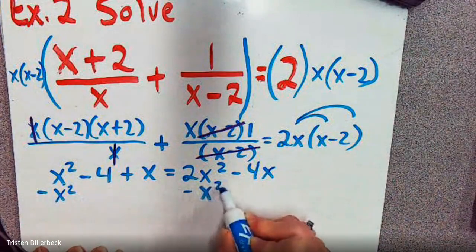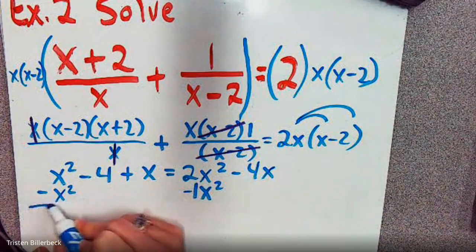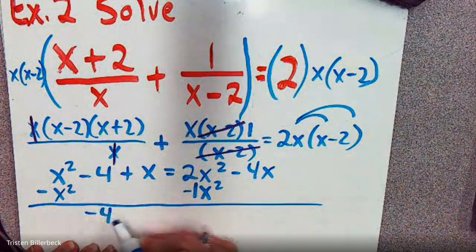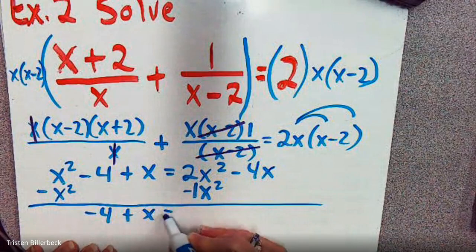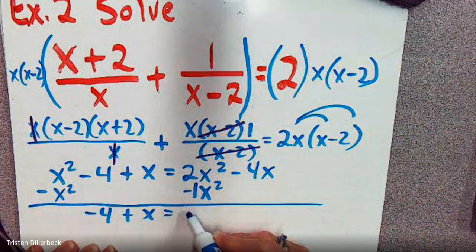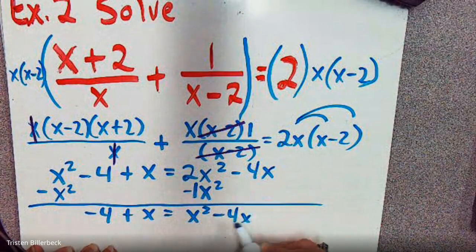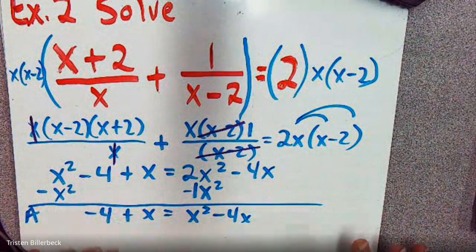And this really has a 1 in front of it, okay? We just don't write 1s very often unless we're making a point. And I'm making a point right now. So we have negative 4 plus x equals, and 2 minus 1, well, that's 1. So that's just x squared minus 4x. So I used an additive inverse.